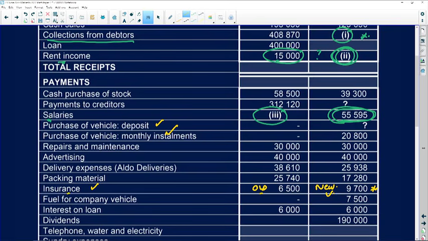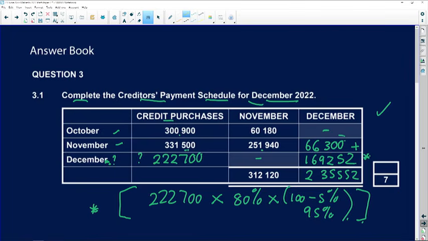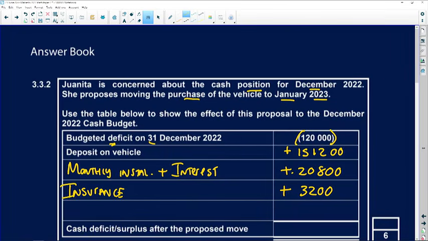Right, insurance we covered, fuel for the company vehicle, there we go. So remember, she's going to save on fuel, because if she doesn't own the vehicle, obviously she's not paying this fuel bill each month. So plus 7,500, and this would be the fuel that she would be saving on.